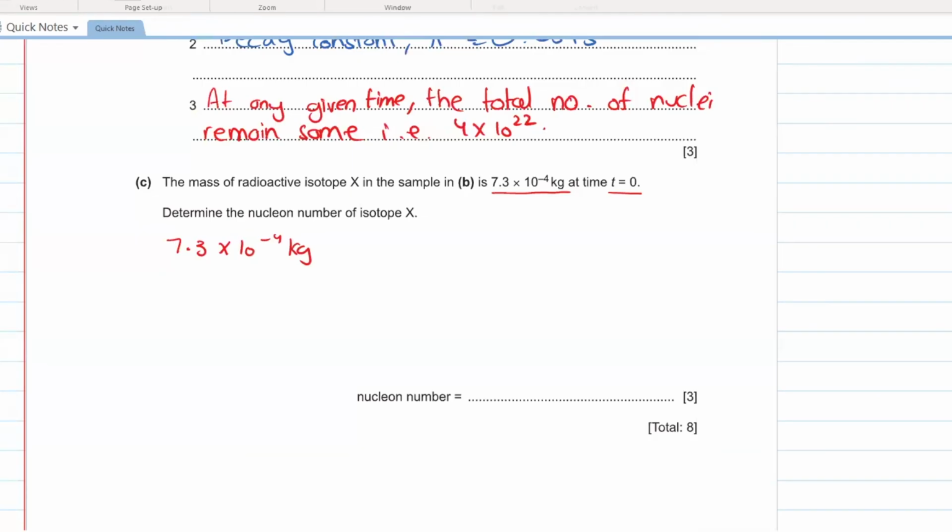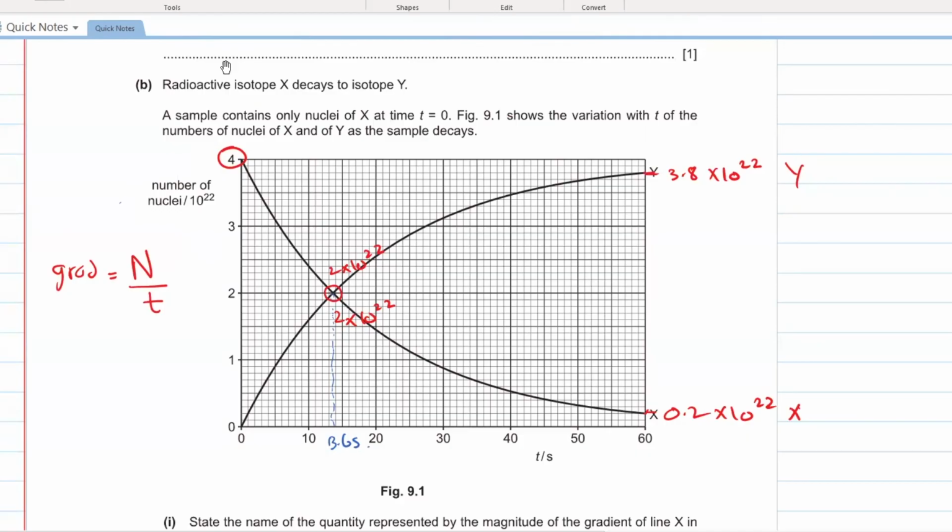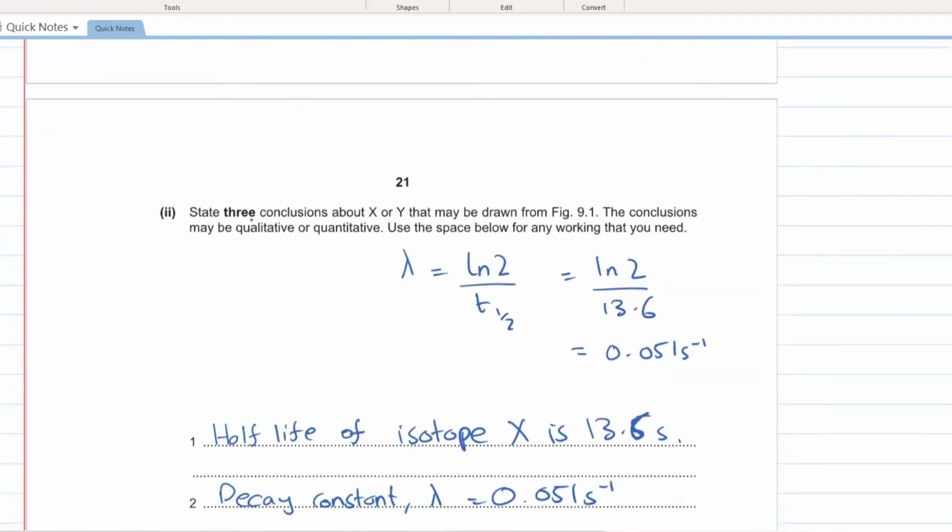And what is the number of nuclei at time t equals 0 for isotope X? 4 into 10 raised to the power of 22. Perfect.